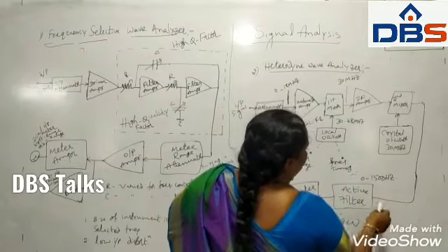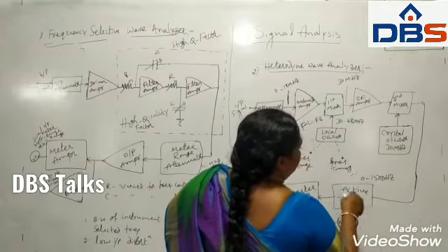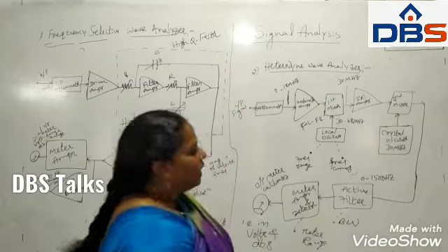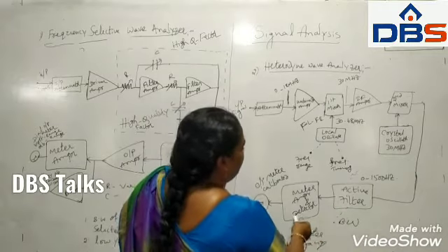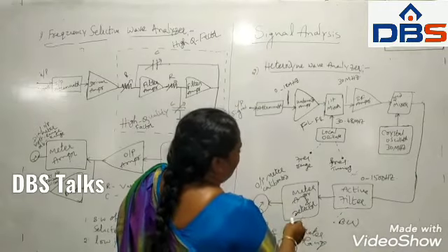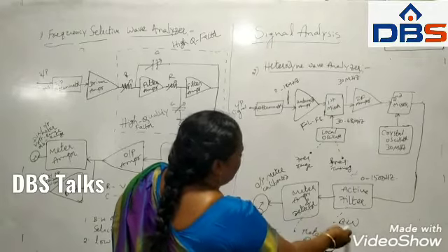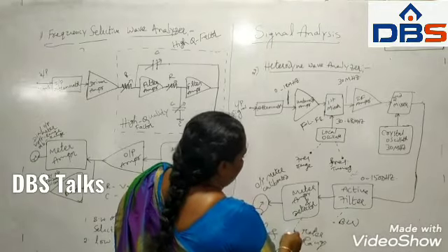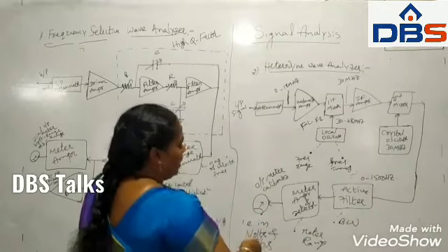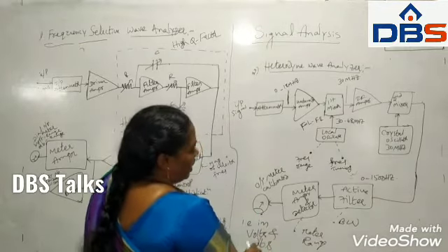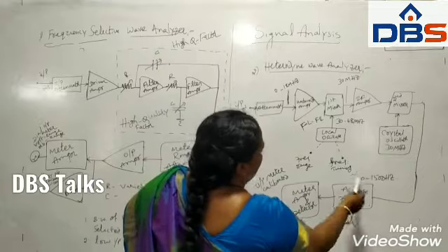If there are any frequency distortions, they are filtered in the active filter. Then it is connected to the meter amplifier detector, and we take it for the meter range. Meter range means the output is in terms of voltage or dBs.